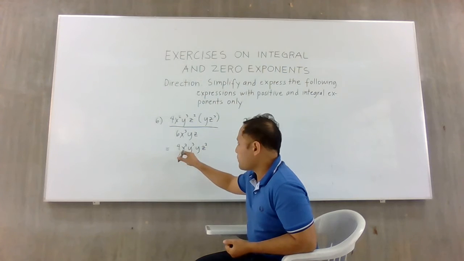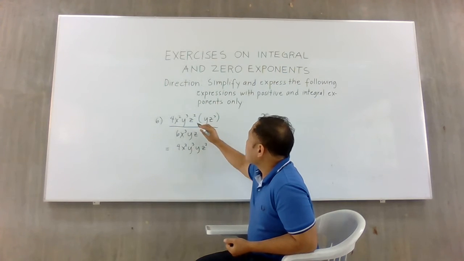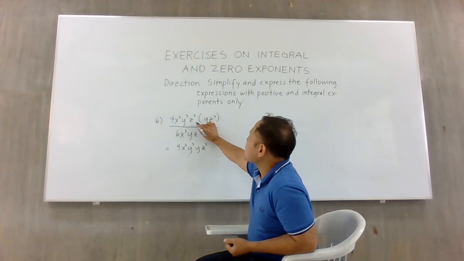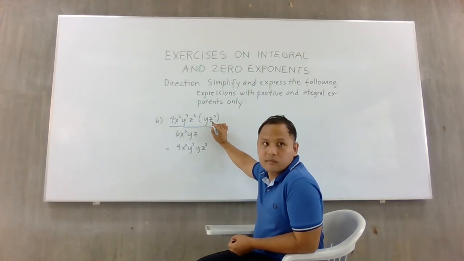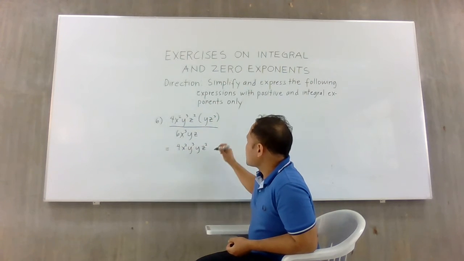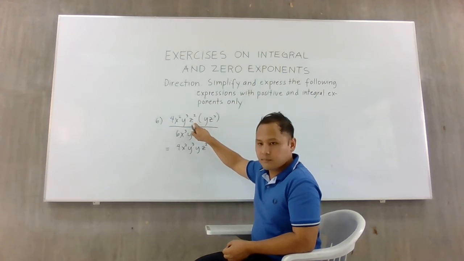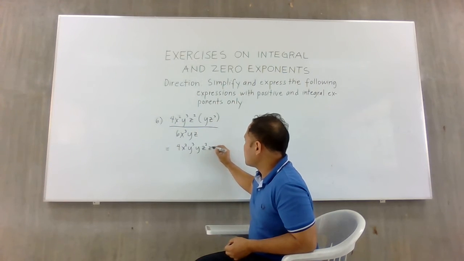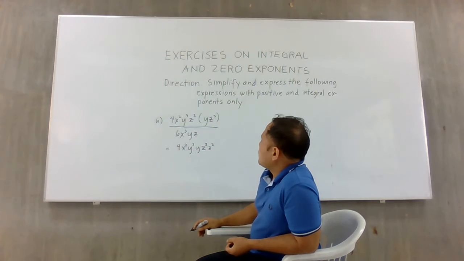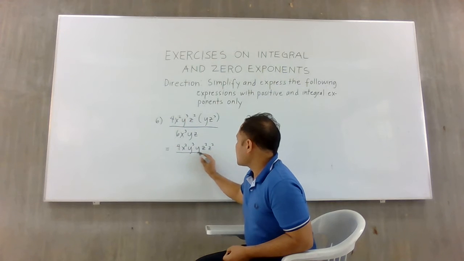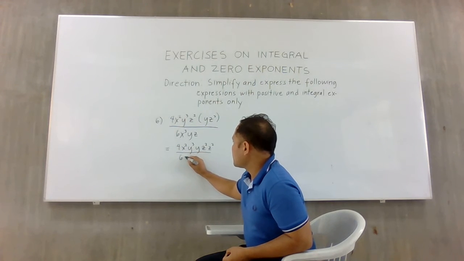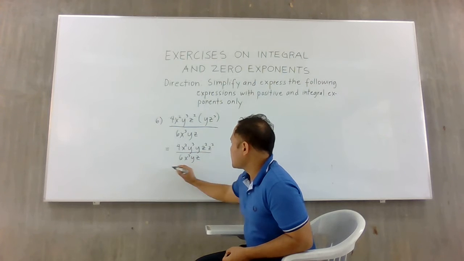Okay, we are multiplying. z squared, it has its kind z squared. So we can attach this factor here. So z squared. All right. We copy the denominator.